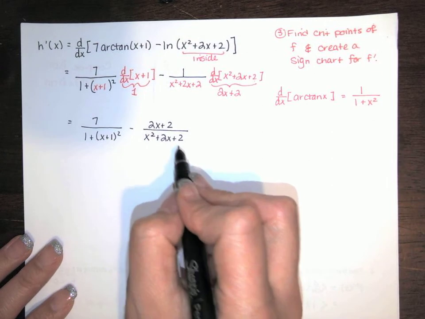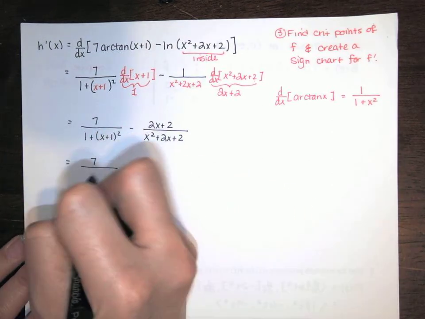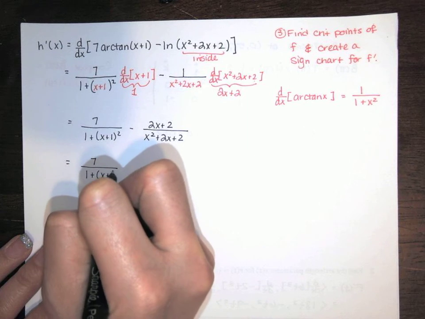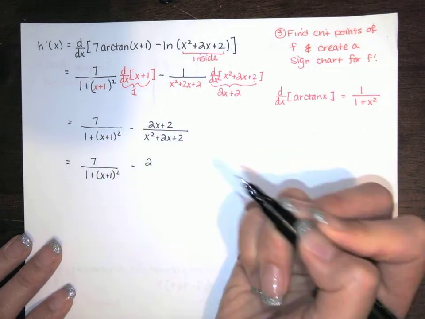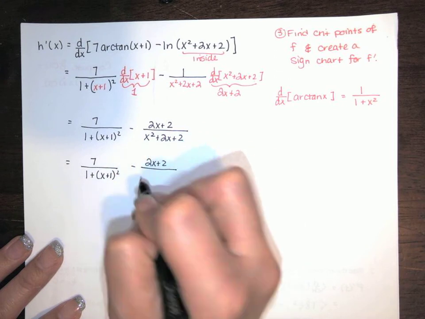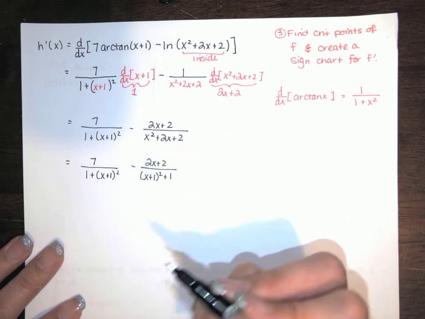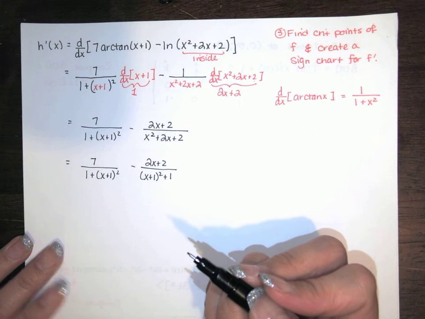Now we completed the square earlier and we found that this was equal to this. So x squared plus 2x plus 2 is x plus 1 squared plus 1.